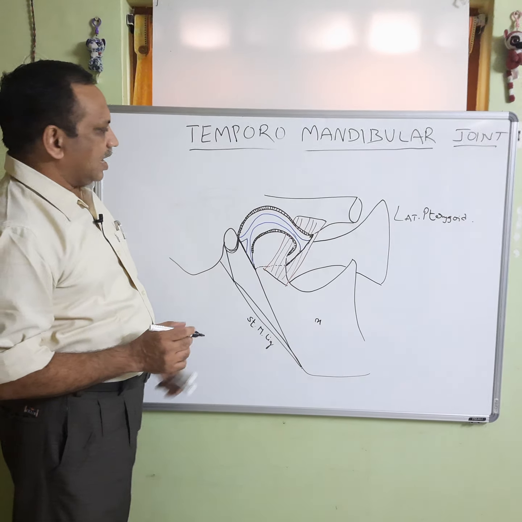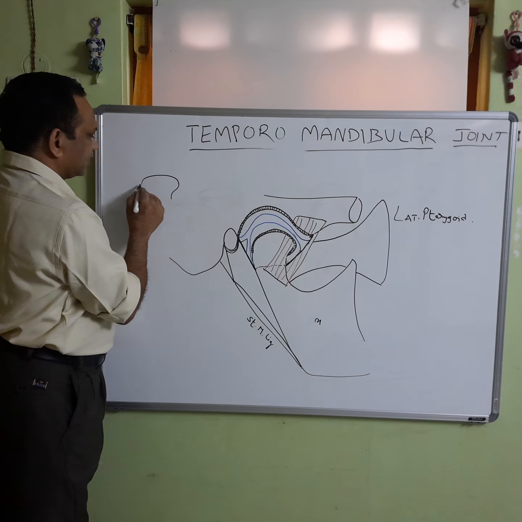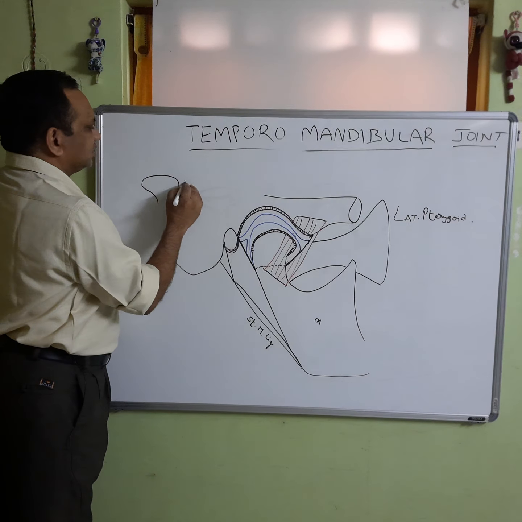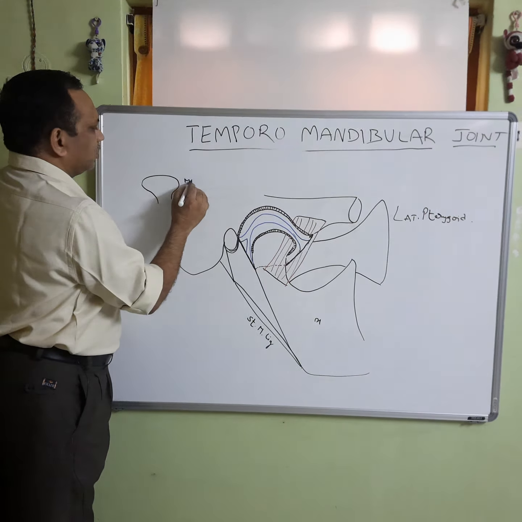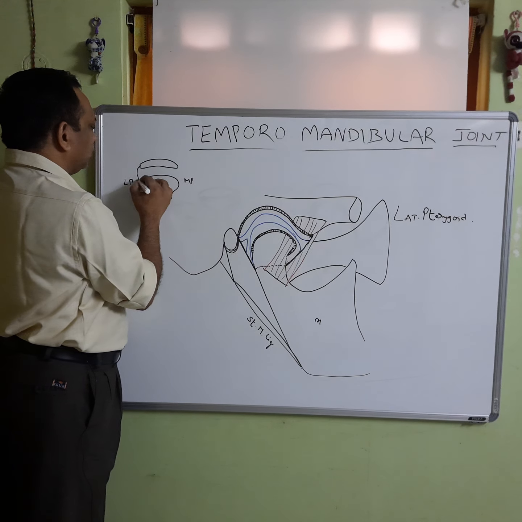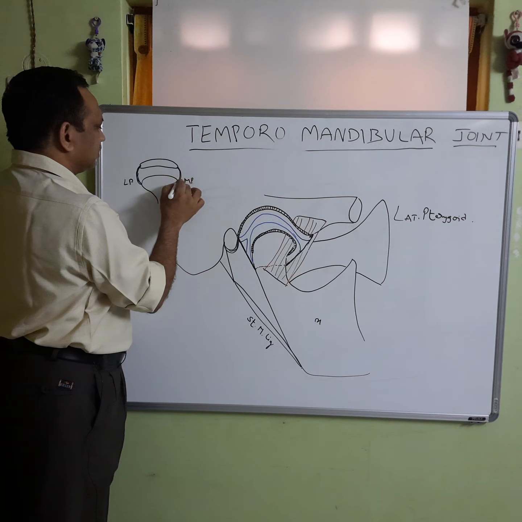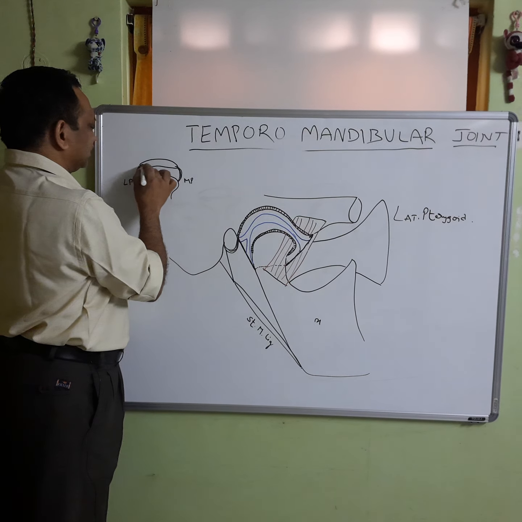And I already told you there are two poles like this. This is the medial pole and the lateral pole. The disc is present here. This medial pole and the lateral pole are attached to the disc at two places by means of thick fibrous bands like this, at two places.